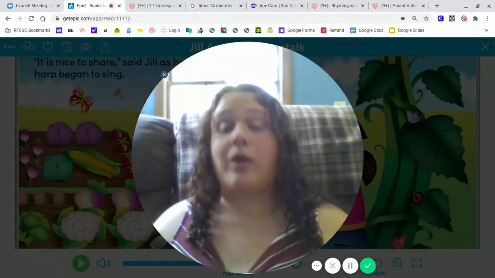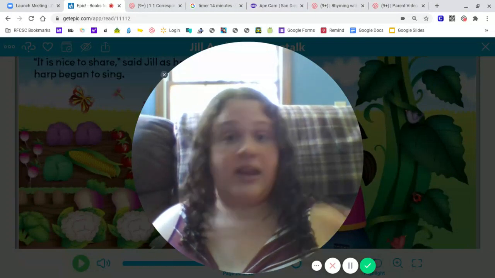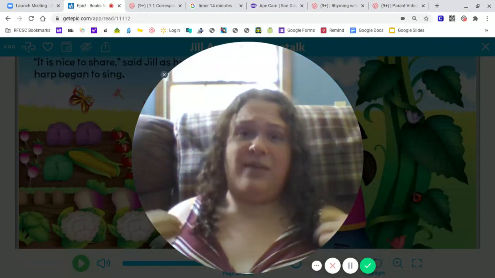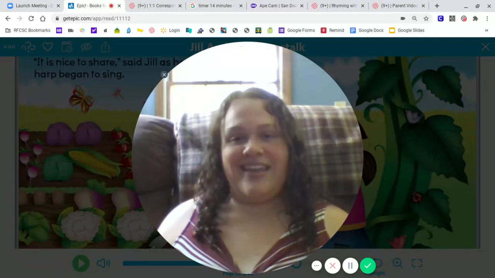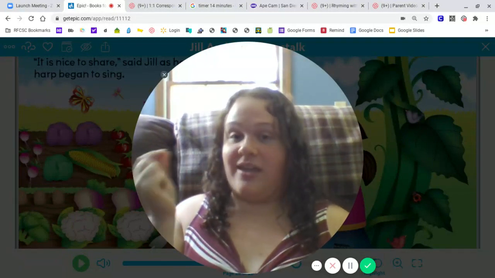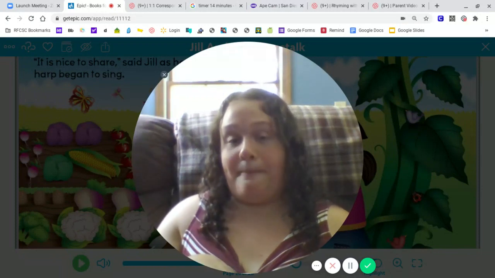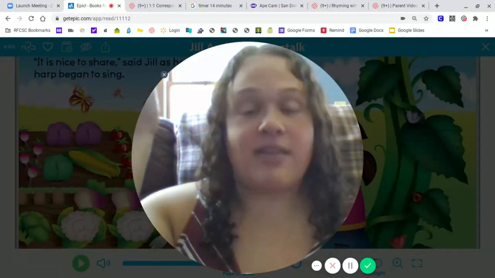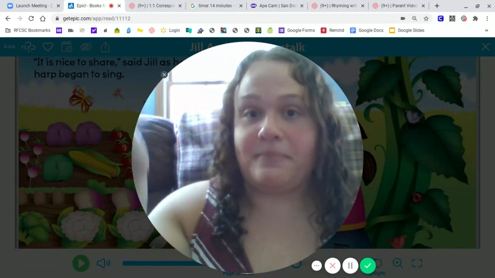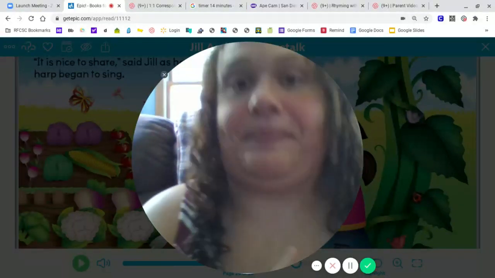At the beginning of the story, Jill is planting seeds in a garden, and a little boy comes up and he wants something to eat. So Jill feeds him and he gives her these magic beans, and she plants them, and this beautiful beanstalk grows. So that is the beginning of the story.